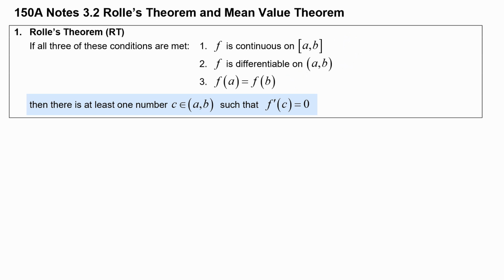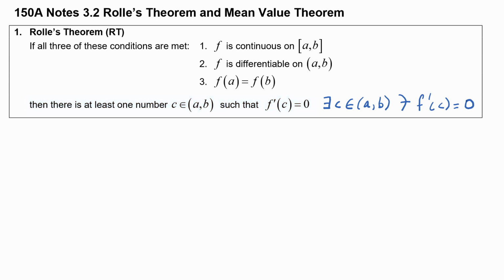So much like you saw when we wrote our epsilon delta proofs, we can use some shorthand for this last statement and say there exists c, which is an element of the interval from a to b, such that f prime of c equals 0.